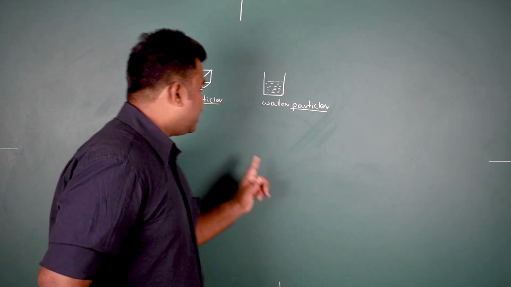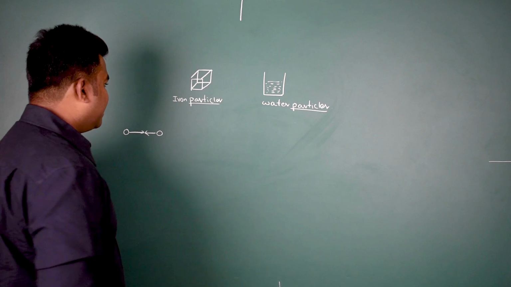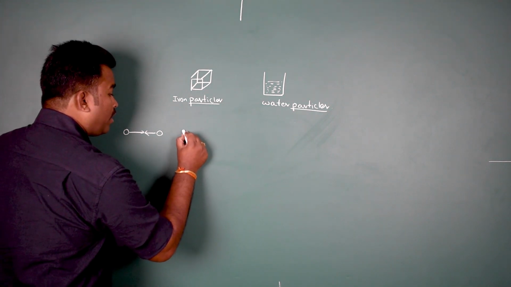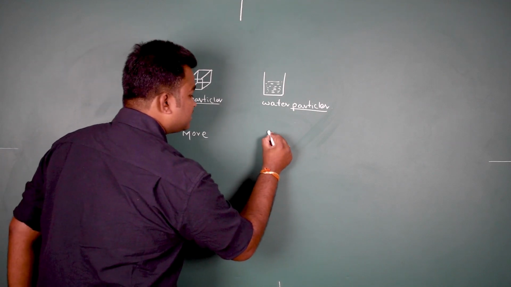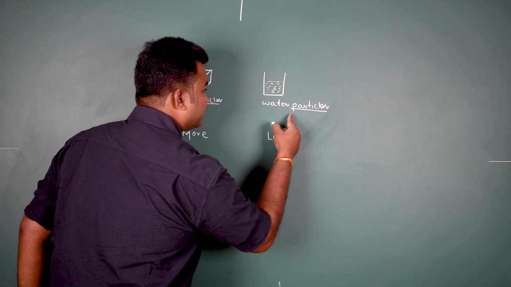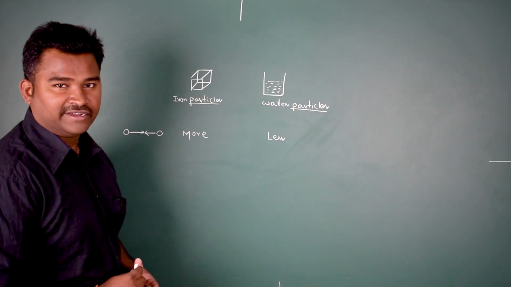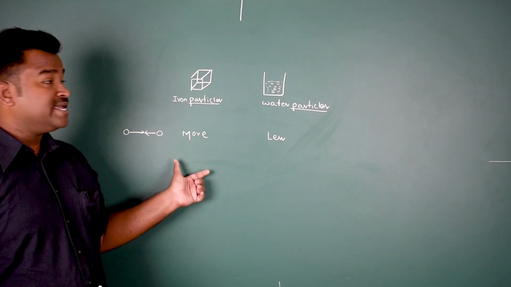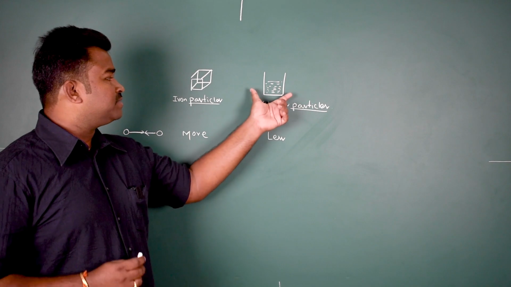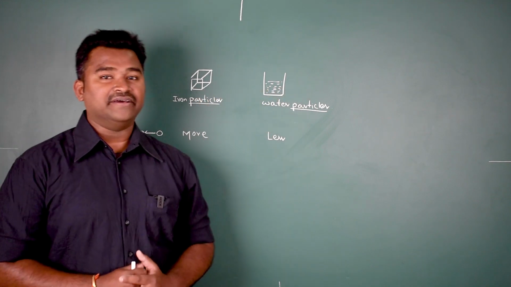Correct? So if I'm making a comparative study here, there is more attraction between the particles of iron, whereas here it is less attraction between the particles of water. Correct? So this first characteristic explains to me why these substances exist in this manner.